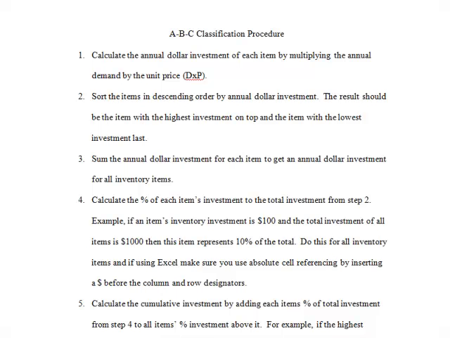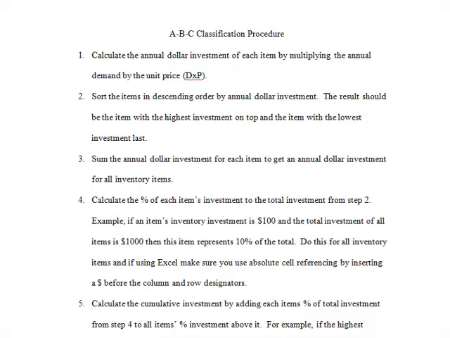The first step in the procedure is to calculate the dollar investment of that particular item by multiplying the price by the annual demand. Then I need to sort all the items in descending order, so that I finish up with the item with the highest inventory investment at the top of the list and the smallest one at the bottom.